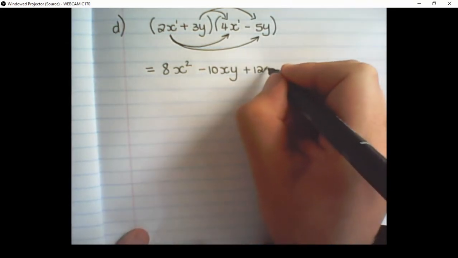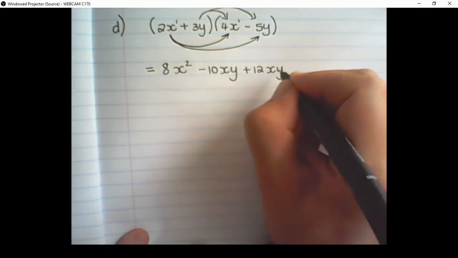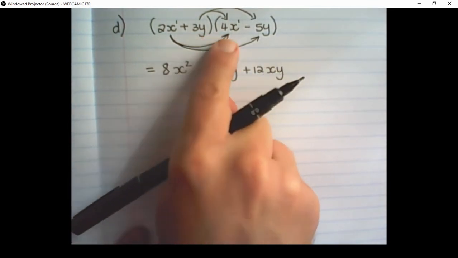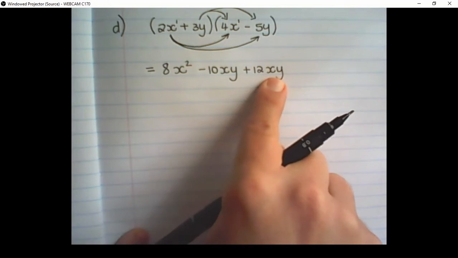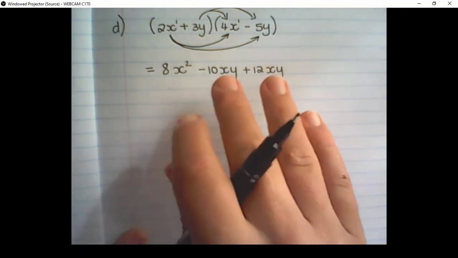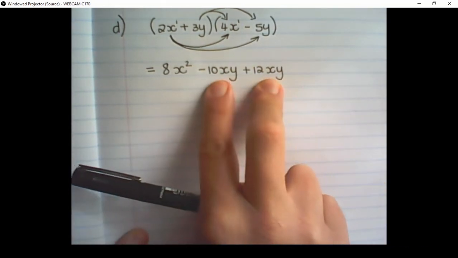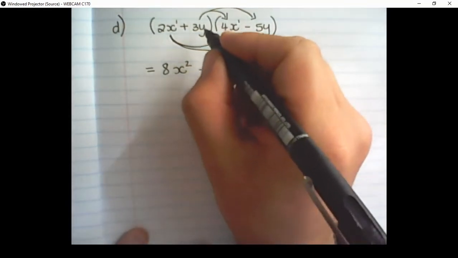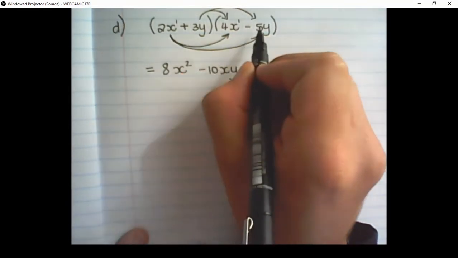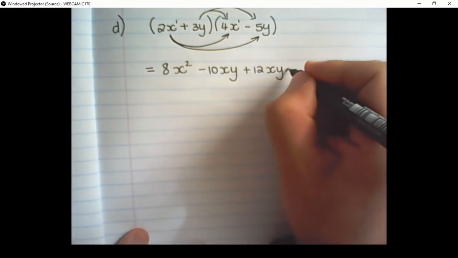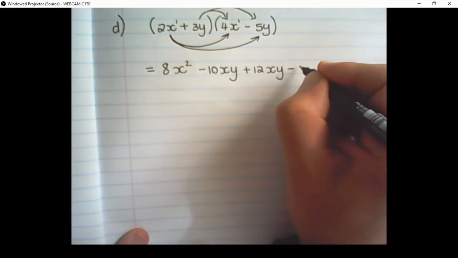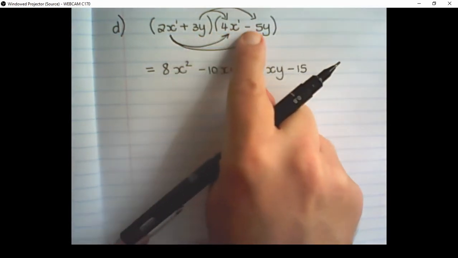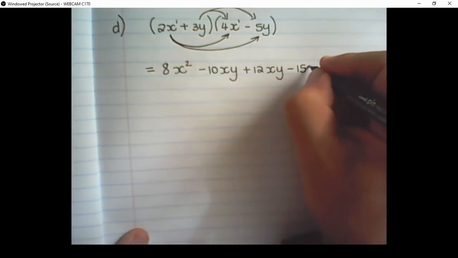And the way we write the variables is in alphabetical order. Even though the y is first times the x, we always write them in alphabetical order. This allows us to see like terms easier. The last one is 3 times negative 5. So it's negative 15. And we have y with a y, and that is y squared.